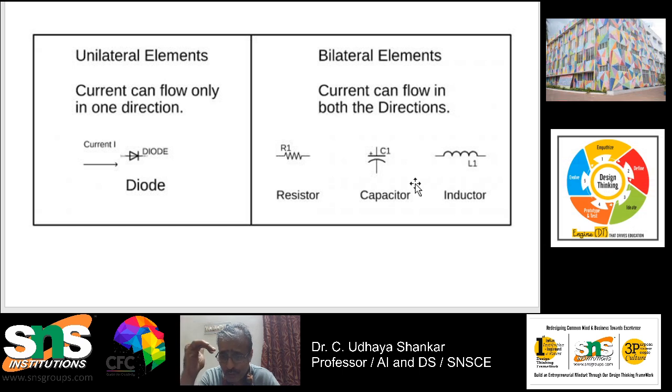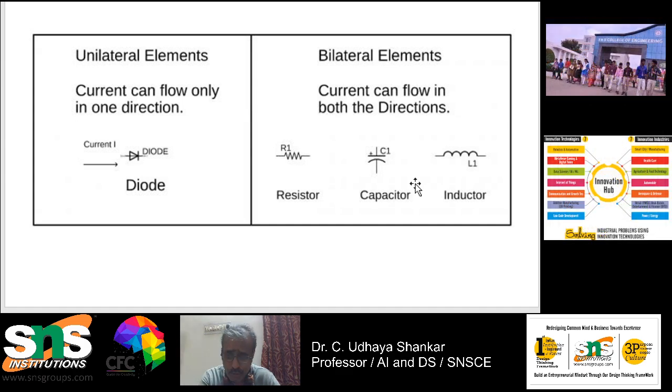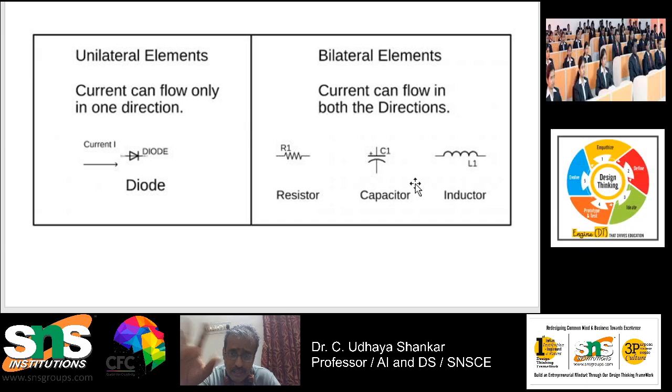So those elements in which the magnitude doesn't change with respect to the direction of current are called bilateral elements. A network which is built using these bilateral elements is called a bilateral network.